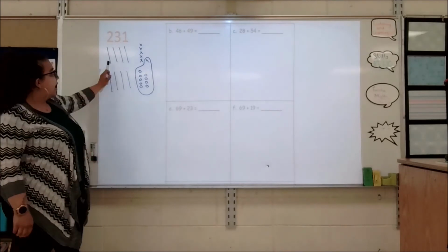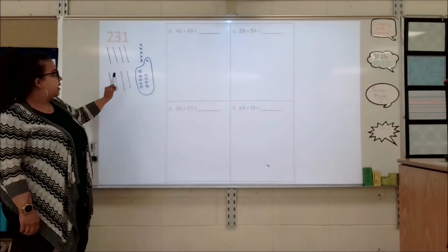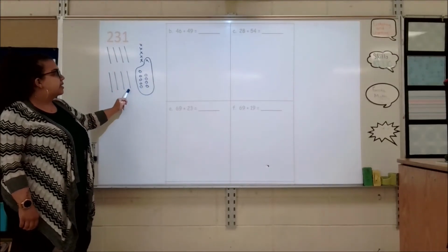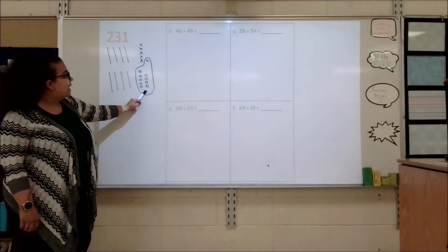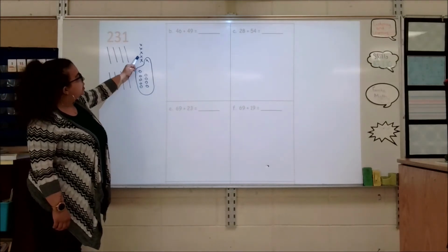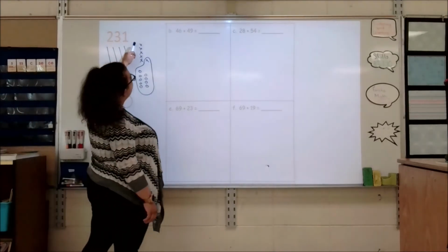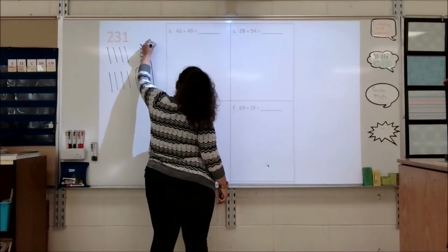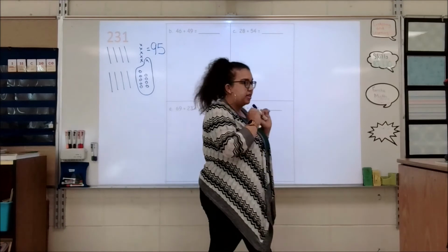So now we have 10, 20, 30, 40, 50, 60, 70, 80, 90, and 5 ones. So, according to our picture, our answer is 95.